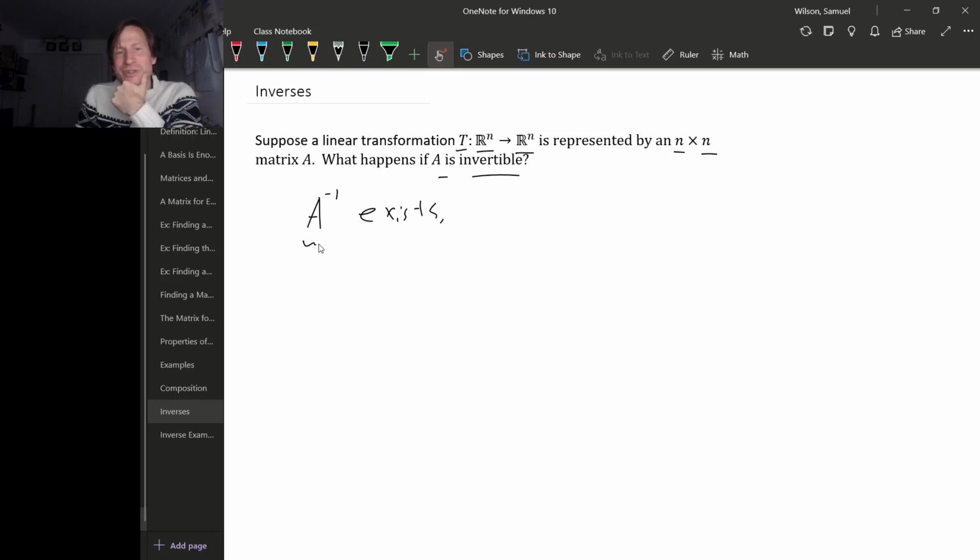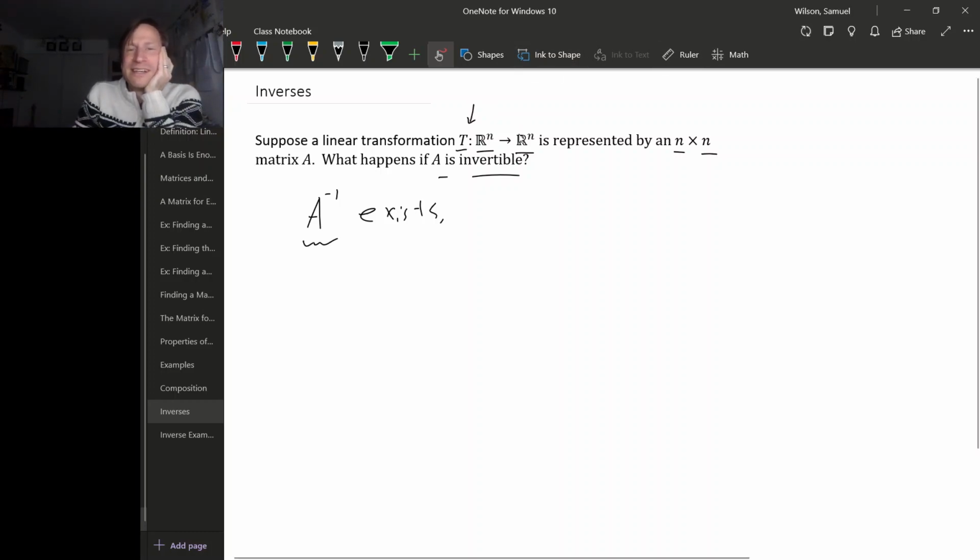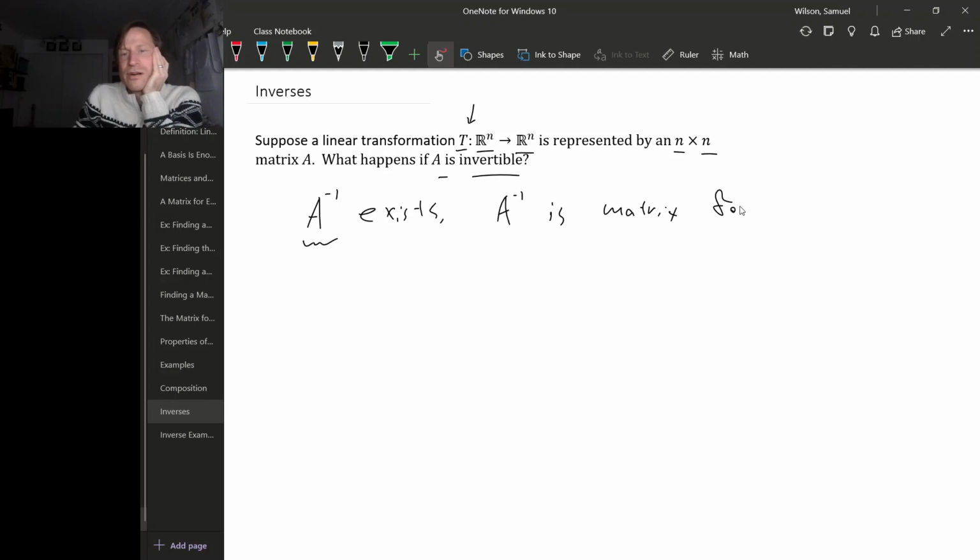So what would you guess? If you have an inverse matrix, how could that possibly be related to the transformation that we came from? Well, it seems like the obvious guess is that A inverse might be the matrix for T inverse.